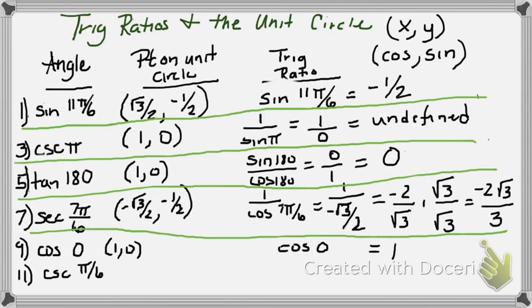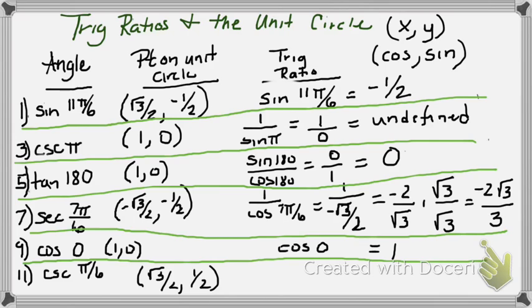And the last one is the cosecant of pi over 6. Again, we want to look on our unit circle and find where pi over 6 is. Pi over 6, the actual point is square root of 3 over 2, 1/2. Alright, so it's asking us for the cosecant.